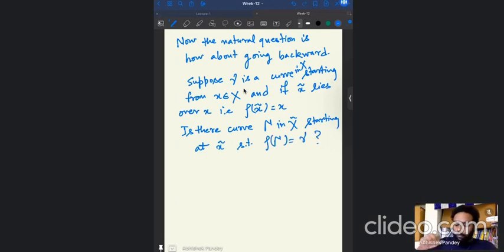So you take a curve in X starting from some point x. You collect all those points which are the pre-image of x under rho. Can we always find a curve gamma tilde starting from these x tilde so that rho of that curve gamma tilde will give us the gamma in X? So this is the question.